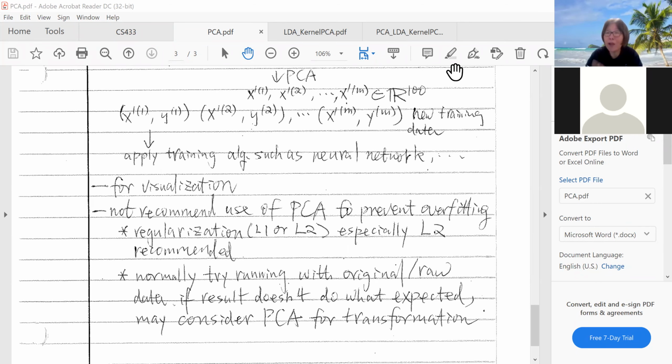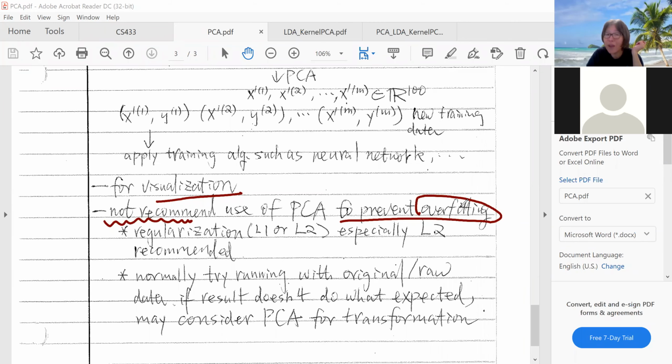And for compression, it can also be used for visualization because it picks out the important features, a new feature space that is more separable. So visualization, okay.